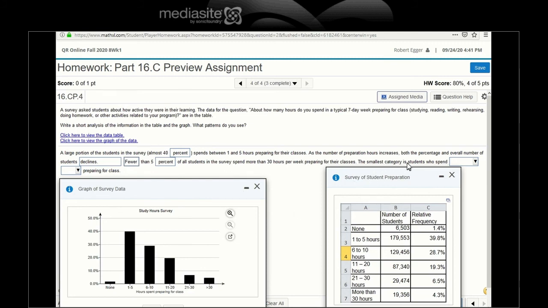The smallest category is students who spend 0 hours preparing for class.